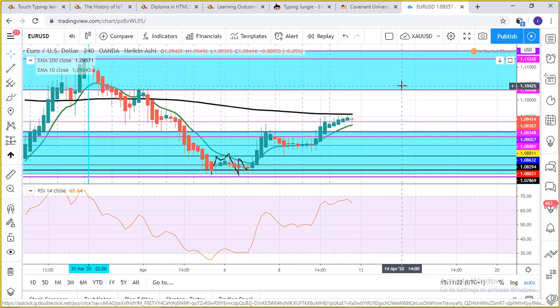Now, if the price comes down from this consolidation zone to this consolidation zone, from one consolidation zone to another consolidation zone, I should be scratching my head. Once they are major consolidation zones, this is a major zone, this is a major zone.